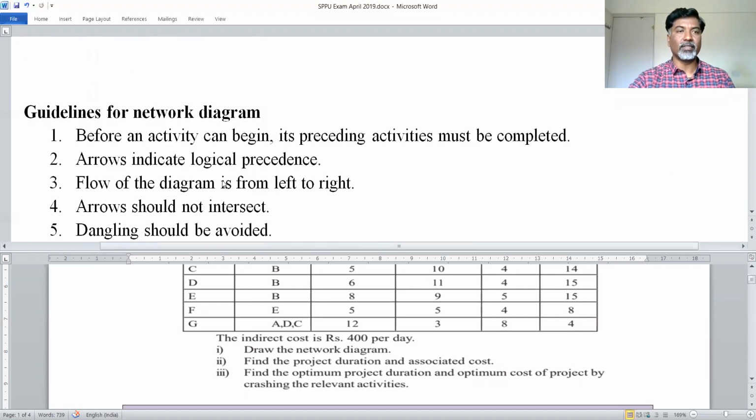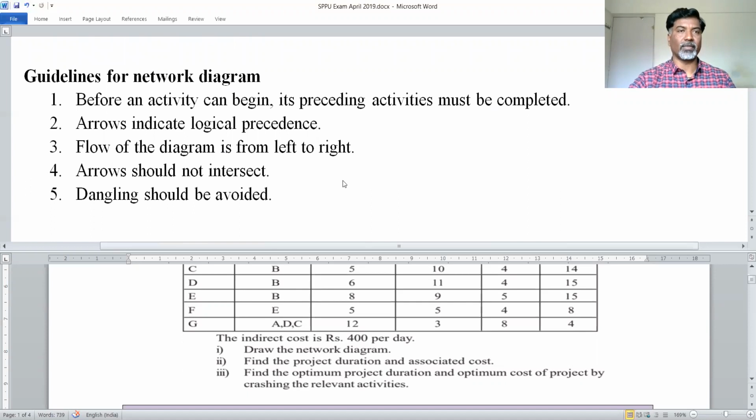The second point is guidelines for drawing a network diagram. How to draw a network diagram? For that purpose, there are some rules, some guidelines. The first rule is that before any activity can begin, its preceding activity must be completed. This means when you are drawing any network diagram, you have to check whether all predecessors of that activity are finished or not.